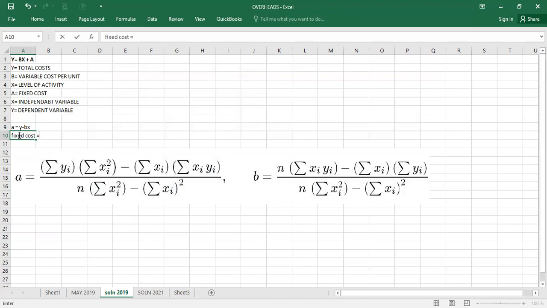Fixed costs are equal to the total cost minus the total variable cost.